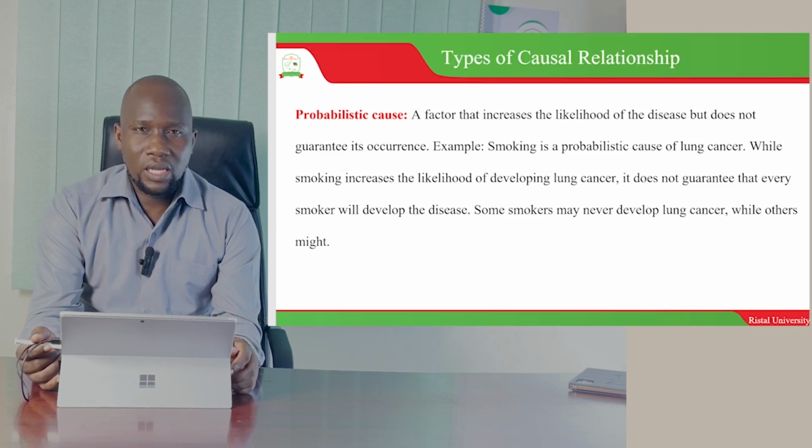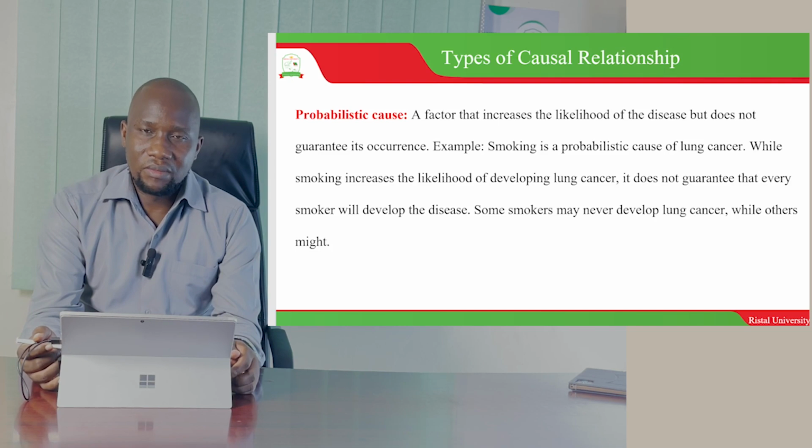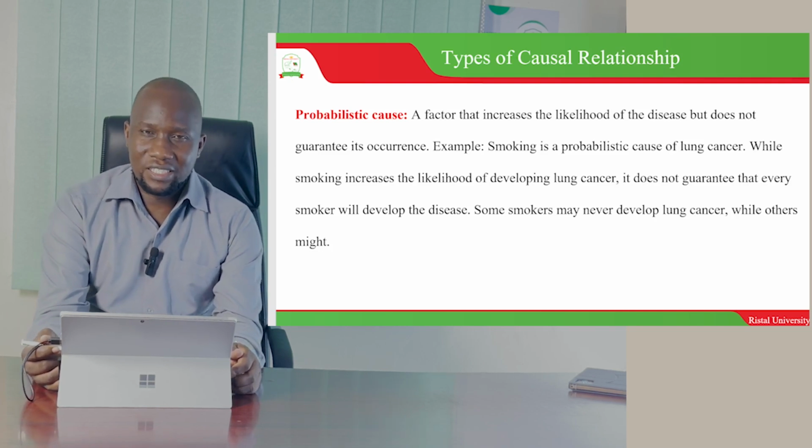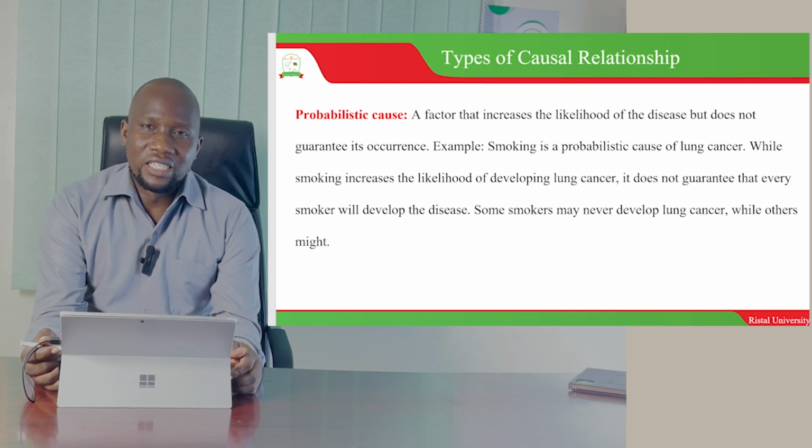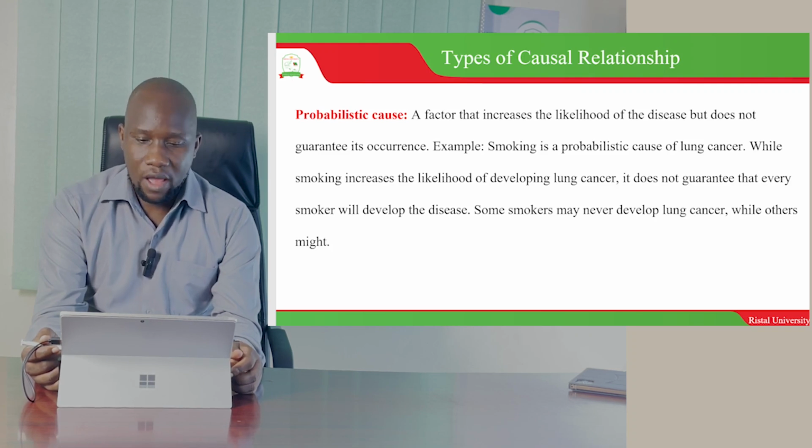So it is also closely linked to what we are calling probabilistic cause. It's about probability. Okay, exposure to a particular agent does not necessarily mean that you get a particular disease. Sometimes it is not the case, but it can increase your risk. But it alone may not cause the disease to occur.